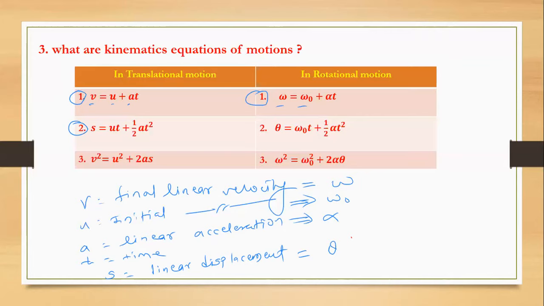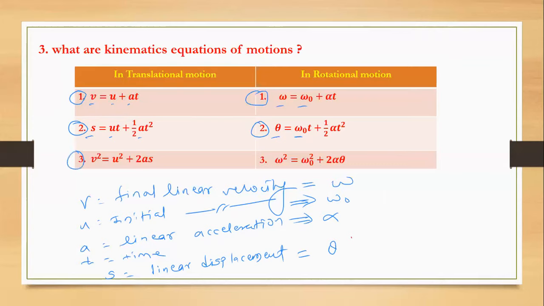So we replace S by theta, and other things you already know: U by omega 0, A by alpha. So we get theta is equal to omega 0 t plus 1 by 2 alpha t square. This is the second kinematical equation.